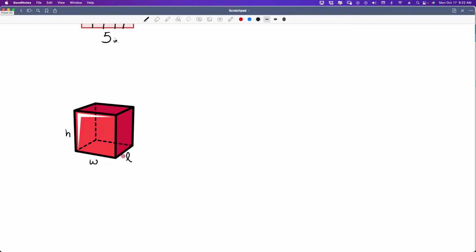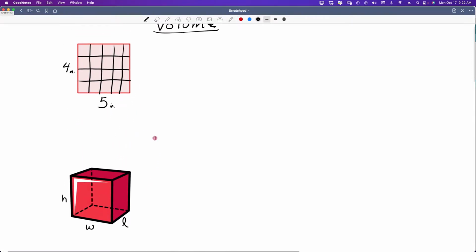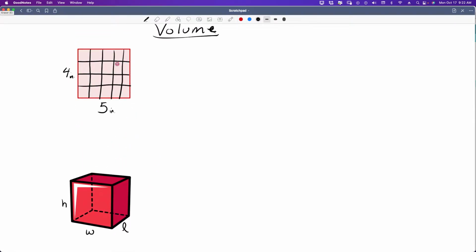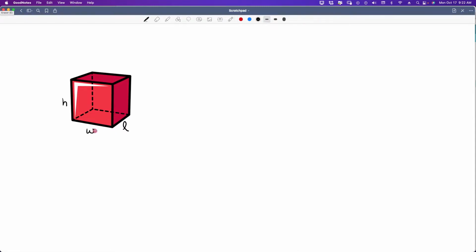So the area of the base would be the same as the area of this shape that we're given. So what we do to find volume is we find the area of the base here, and then we multiply it times the height, and that gives us the volume, right?